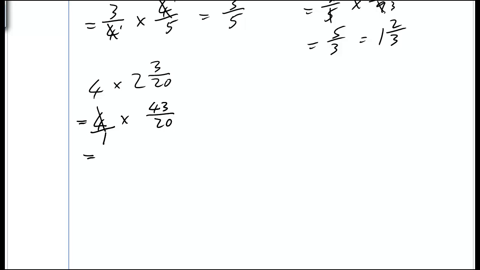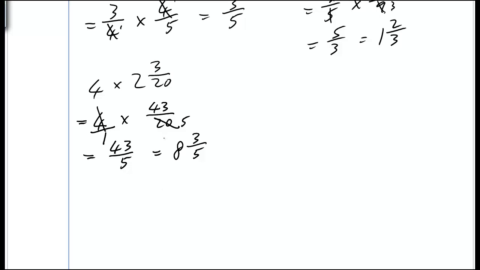So 4 will go into 20 5 times. Okay, so the answer will be 43 over 5. How many, let's see, 5 eights are 40, so that will be 8 and 3 remainder, 8 and 3 over 5.